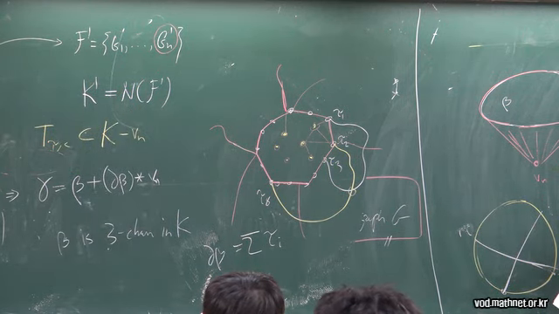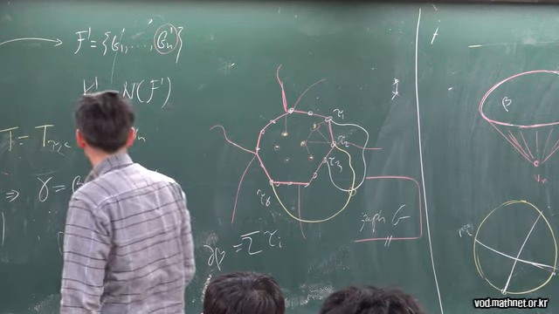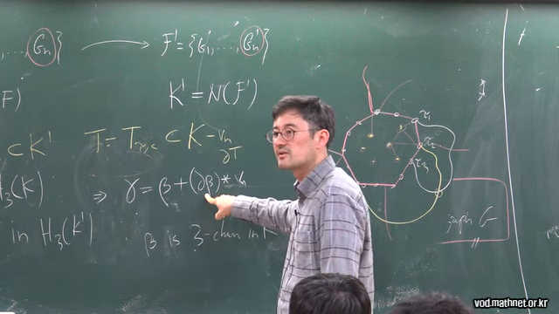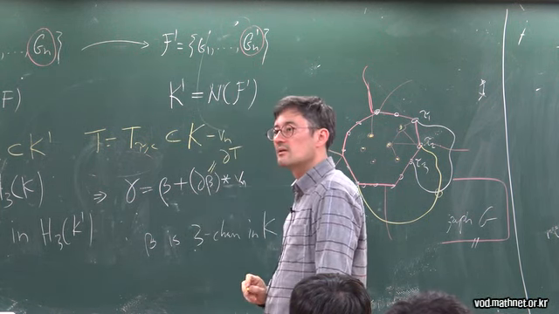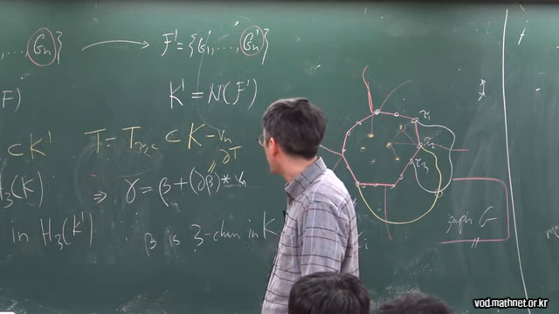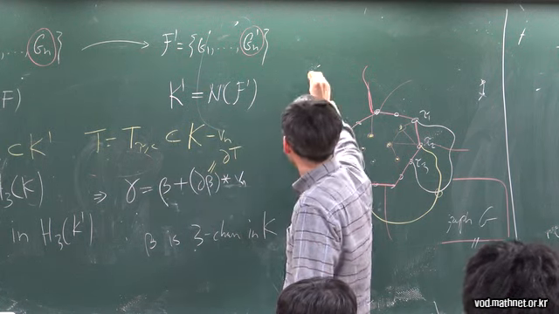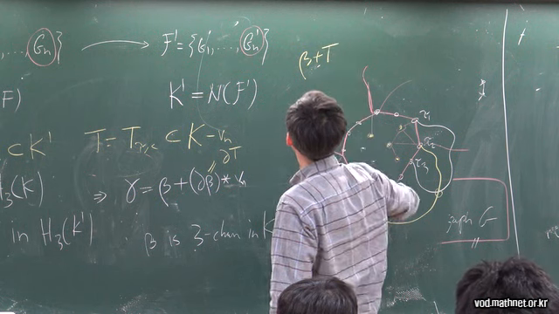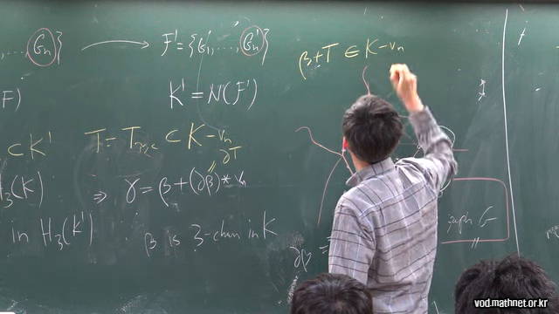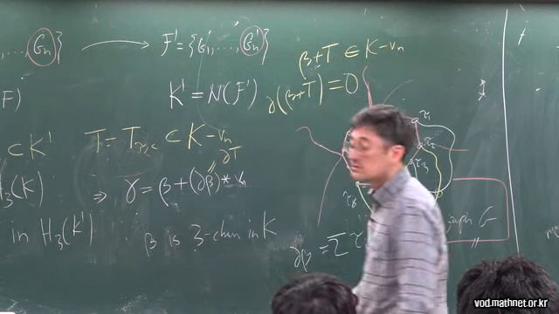Okay? And then, what is the boundary of this guy? So T. But the boundary of this guy, boundary T, well, it's the same as that original cycle, this guy. Okay? Which means that beta plus T is in K minus Vn, and the boundary of beta plus T equals 0.